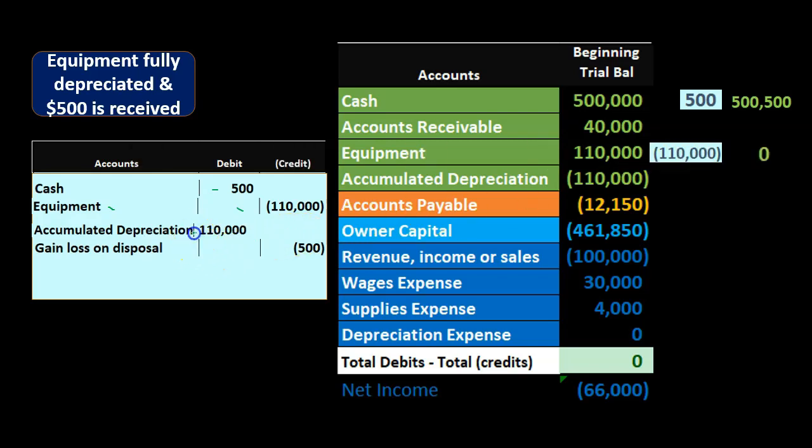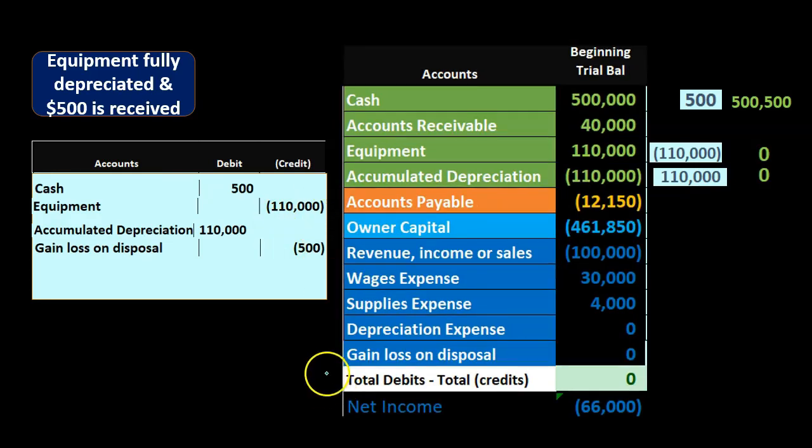Then the accumulated depreciation here on the journal entry, we're going to post it here on the trial balance, starting out with a credit of 110,000, debiting by 110,000, bringing the balance to 0. And then we've got the 500 gain, and that's going to go to our gain or loss account that we have to add here. We're going to say the 0 in the credit direction by 500 to the 500.